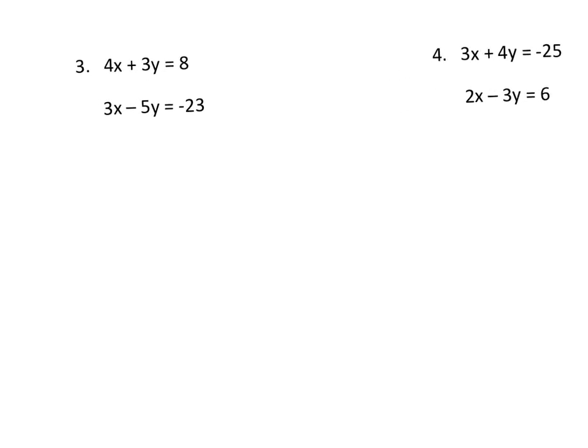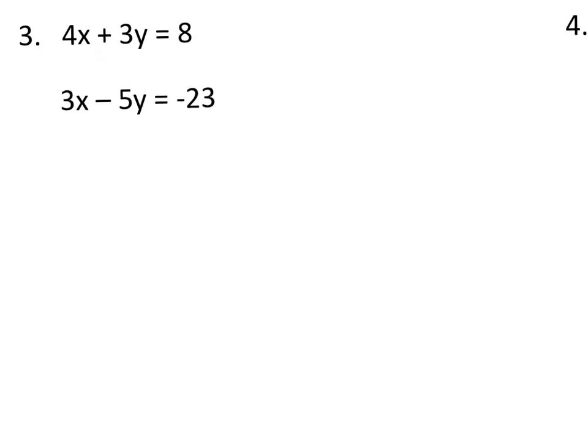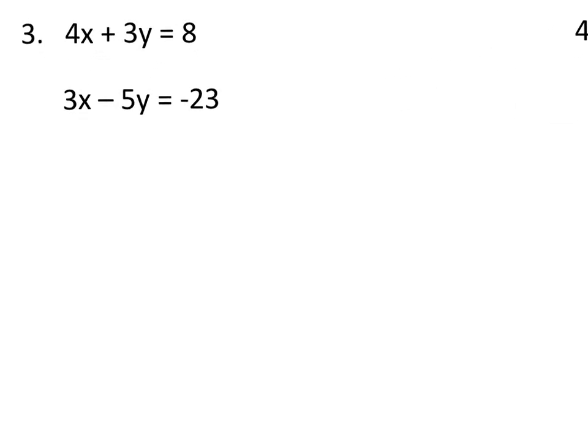And when I'm looking at example 3, unfortunately, it's a little more complex because I can't just multiply one equation by something to get something to cancel here. So I'm actually going to have to multiply both equations. Now if I'm looking at the x's here, I can choose to multiply the top by 3 and the bottom by -4.